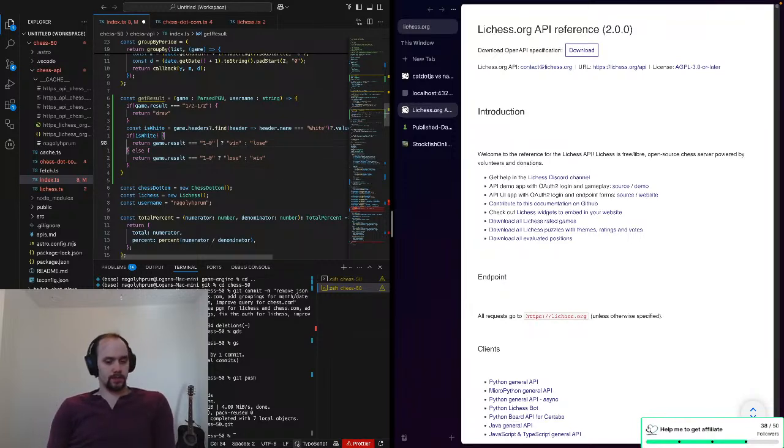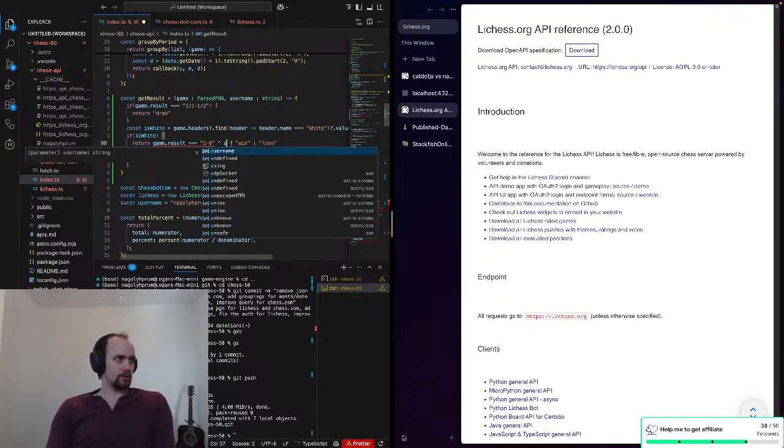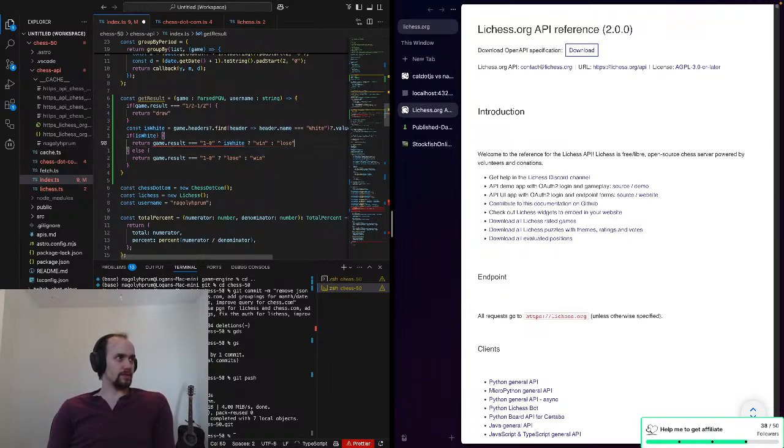Potentially interesting if we use the is white to flip this value.